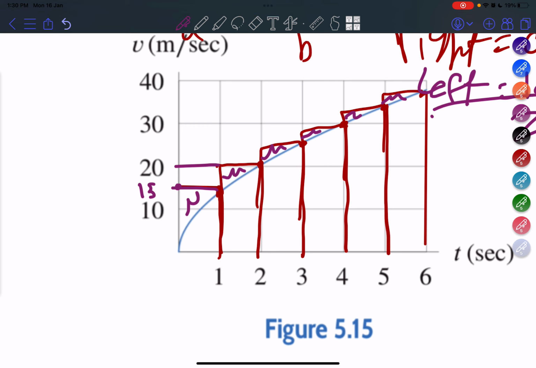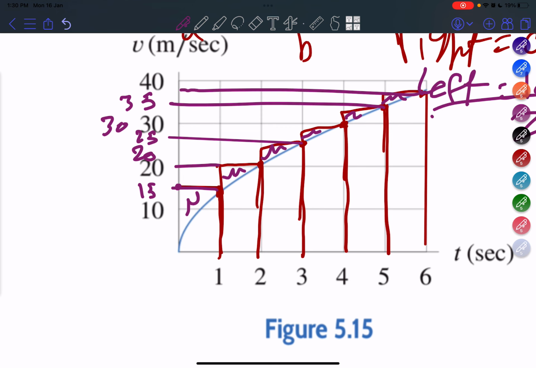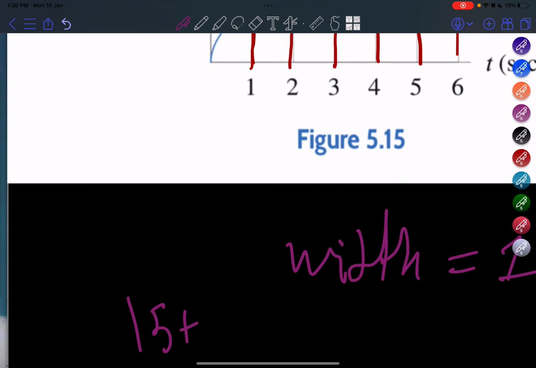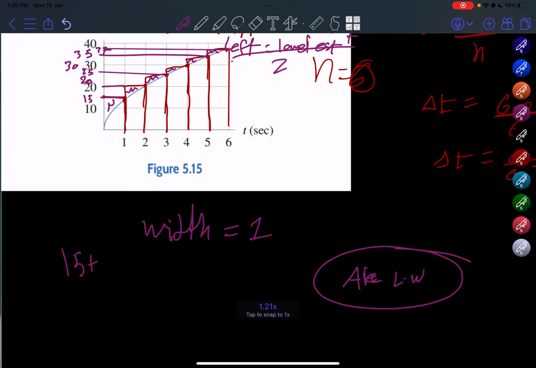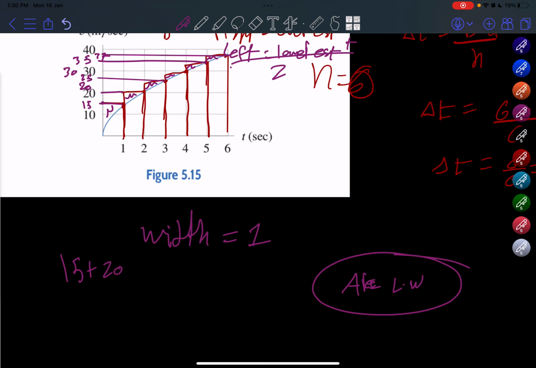Okay, so this will be 20, and this will be 25, this will be 30, and this will be 35, and the last one will probably be somewhere around 37. So we have here 15 plus 20 plus 25 plus 30 plus 35 plus 37.